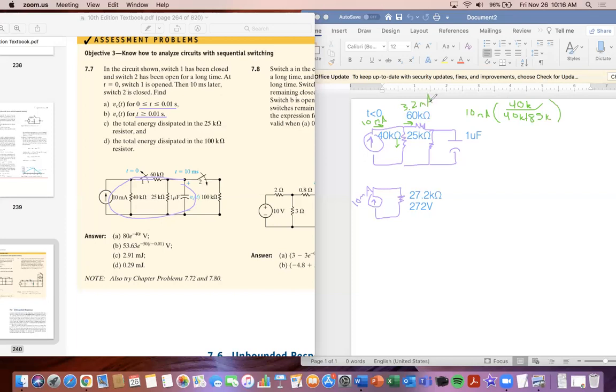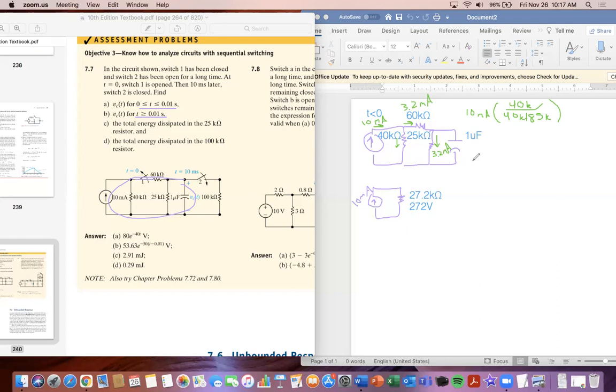And therefore, if I have 3.2 milliamps here, I'm thinking, how much is going to the right here and how much is going down? Well, we know there's going to be infinite resistance here to the right, correct? So all that current is going to be coming down here, so 3.2 milliamps is going to be coming downwards. Therefore, we need to find the voltage drop across this 25K ohm, because that's equivalent to the voltage drop across this capacitor.